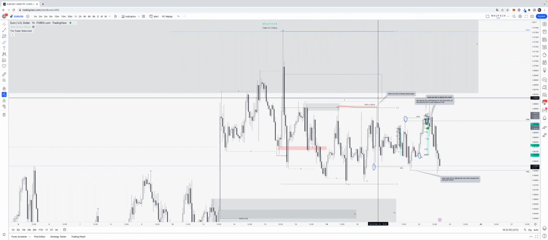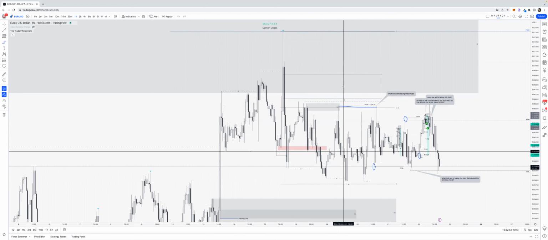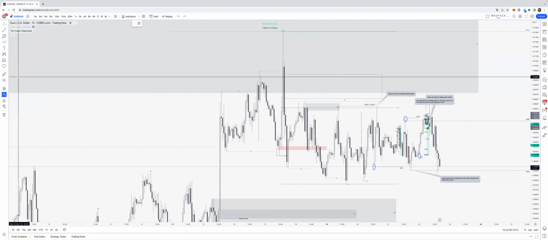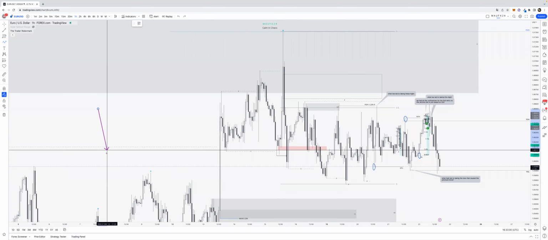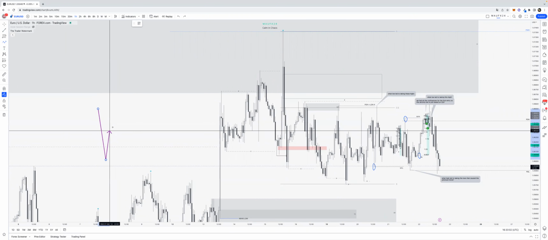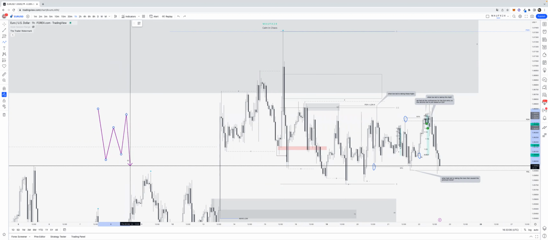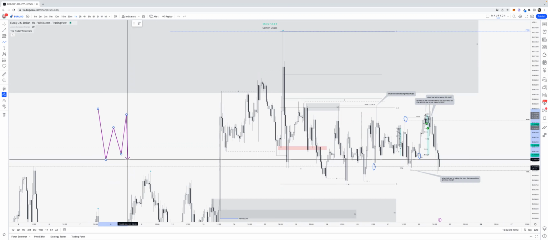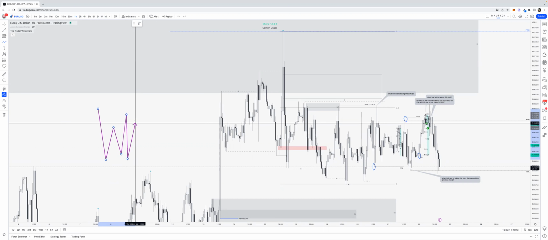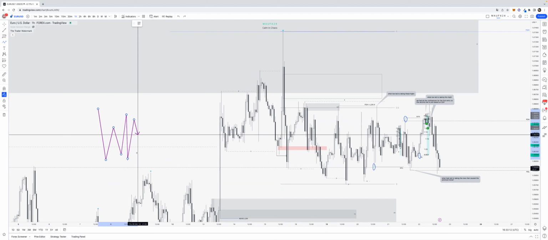So if you have to draw that out somewhere else, we have a high, a low, some internal highs, internal lows, and then building more liquidity, coming down.